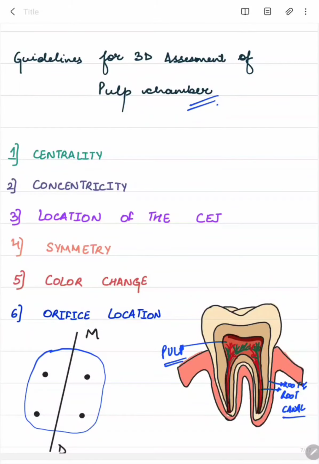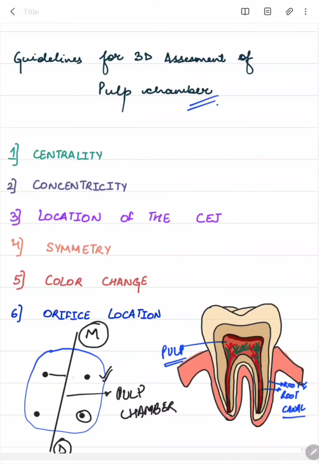Now the next one is symmetry. So all the canal orifices, right, are present at equal distance from a line passing through the mesiodistal direction from the center of the pulp chamber, right? So these are the canal orifices, you can see.